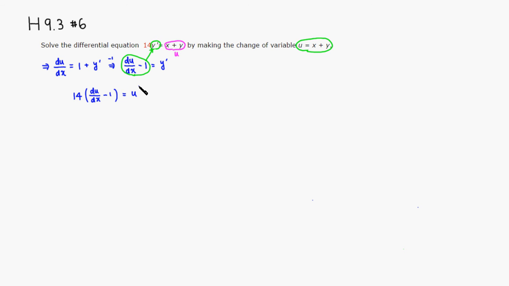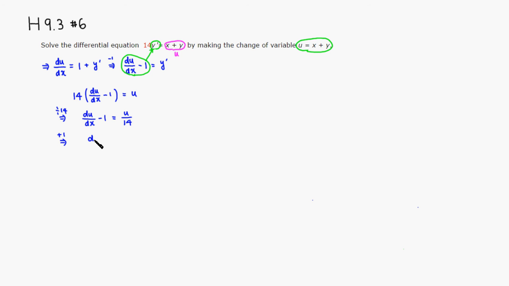Then I'm going to divide through by 14. So we have du over dx minus 1 is equal to u over 14, and I'm going to add 1 to it.